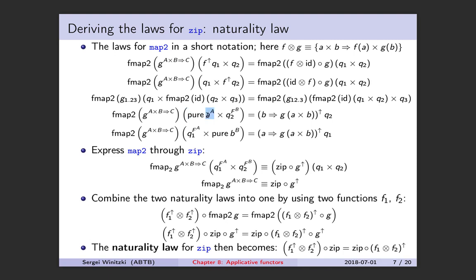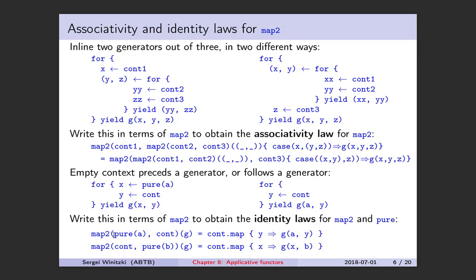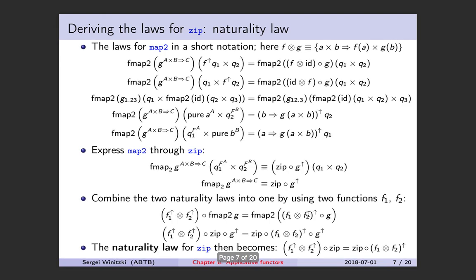Pure, acting on A, and then tuple with Q, and then this function, and so on. So that's exactly the law here. And then I write y goes to g of ay, as b goes to g of ab. So these are the laws for map2.